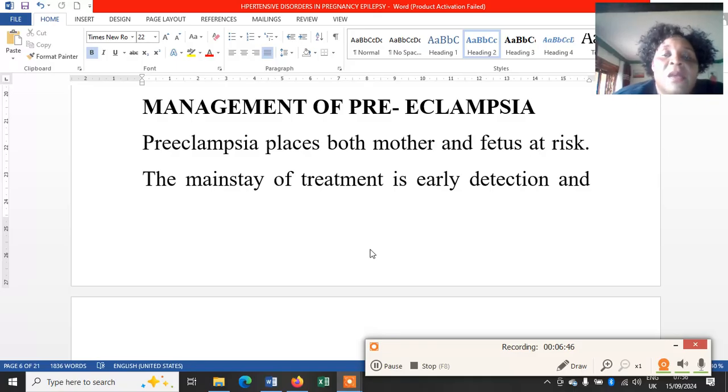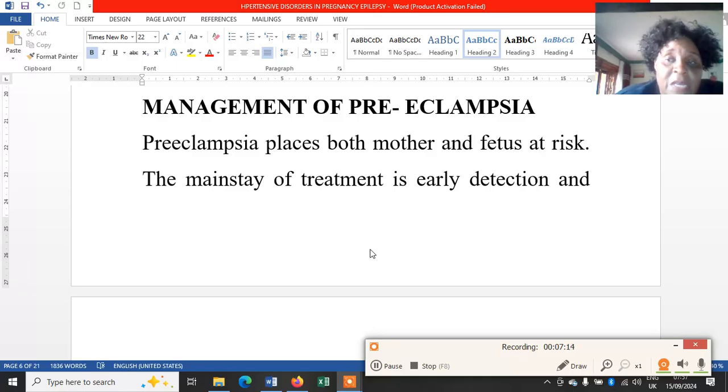Okay, so after taking all those diagnostic steps, that is history taking, observation, examination, and investigation, at this time we've come up with a diagnosis, either eclampsia or pregnancy-induced hypertension or chronic hypertension.